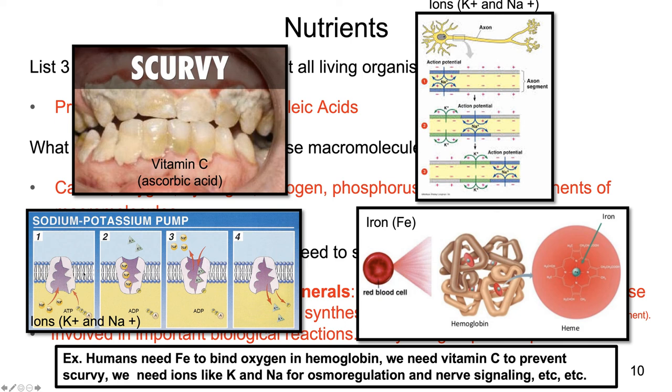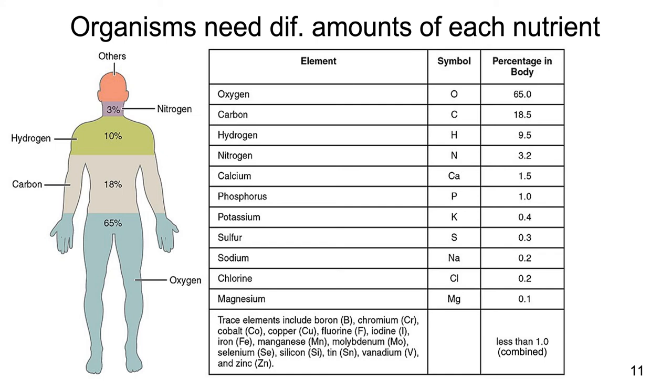These are ion pumps in a cell membrane. These pumps are essential for a ton of cellular functions and moving things back and forth across cell membranes. And if you don't have sodium and potassium, you're not going to be able to do that. Organisms are not going to be able to survive. So once again, super important for things like osmoregulation and nerve signaling, and these are just a few examples of the types of things that essential vitamins and minerals can do for us.